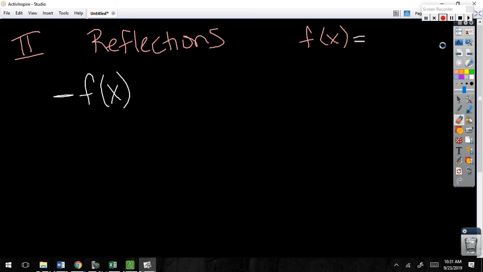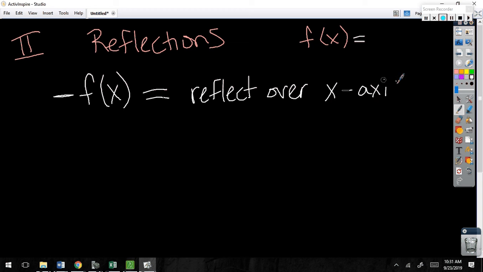So really I'm negating y, because by negating y, I'm negating everything in the equation. This is a reflection over the x-axis. Okay? So if I change the sign of everything in my equation, it's flipping over the x-axis.